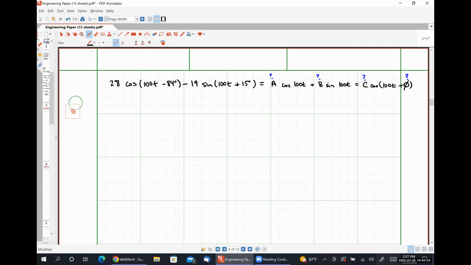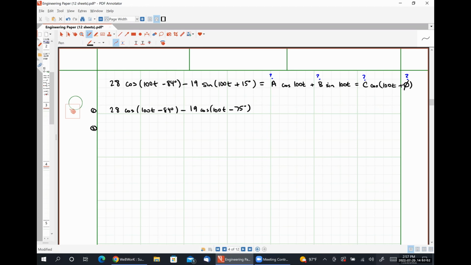The first thing that I'm going to do is change that sine bit into a cosine bit so that we're going to have 28 cosine 100t minus 84 degrees minus 19 cosine 100t minus 75 degrees. So this is step one.